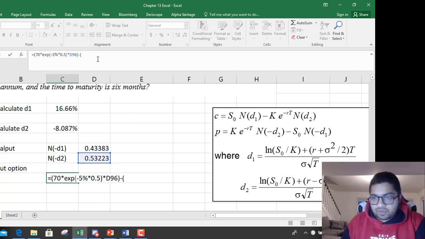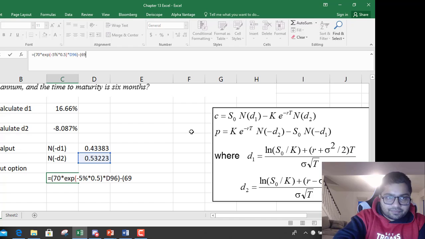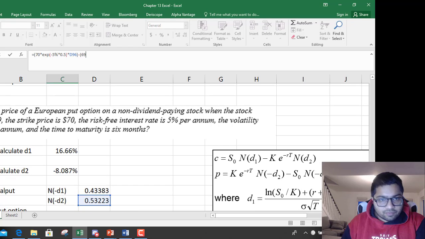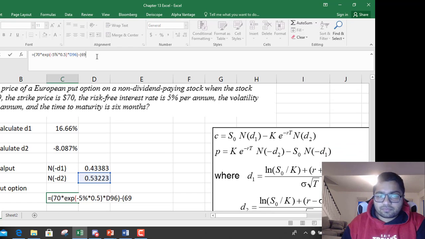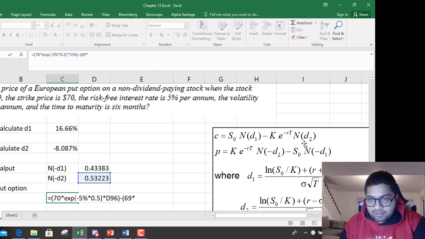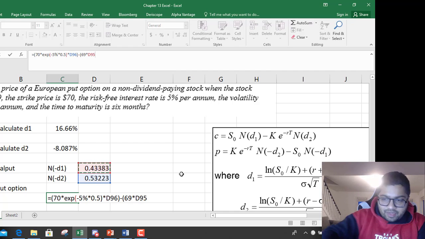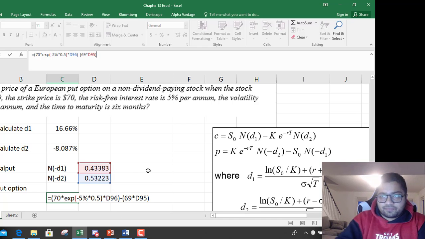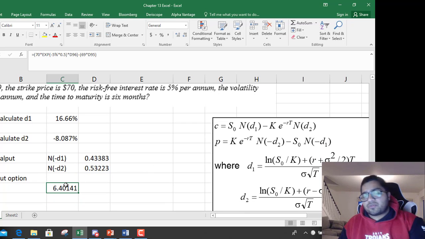Then we subtract S0, the stock price right now, 69, times N minus D1, which we already calculated. So the formula is 70 into exponential 5% into 0.5 into 0.53 minus 69 times 0.43. So it is 6.40.